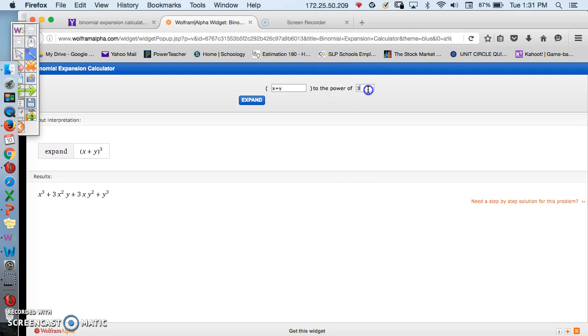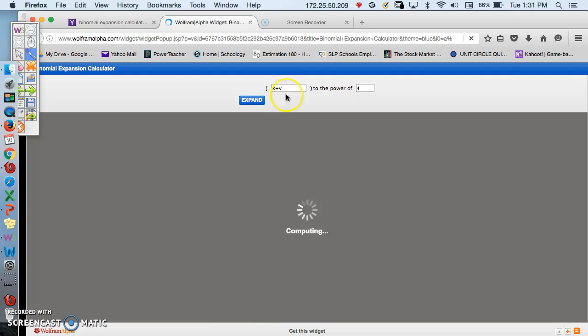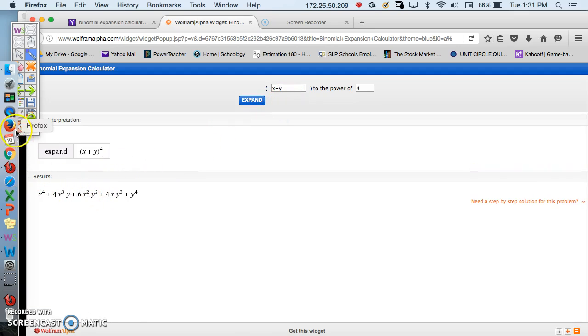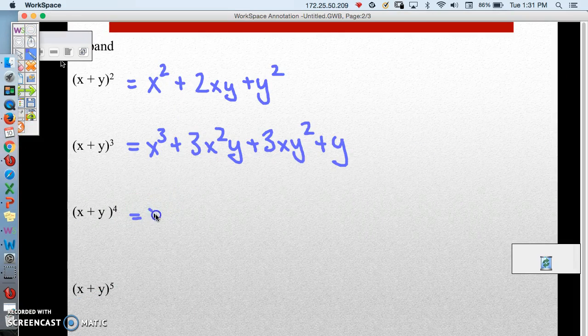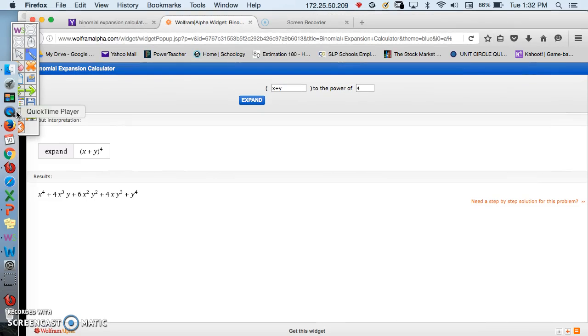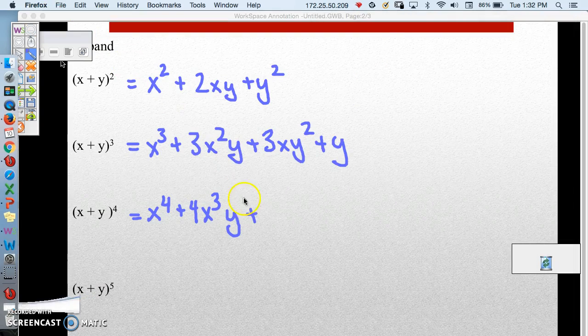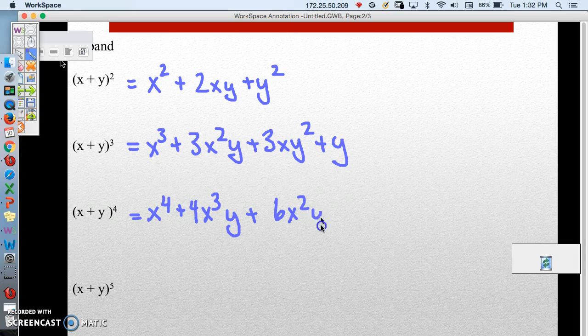And now let's see, to the 4th. We have x to the 4th plus 4x cubed y plus 6x squared y squared plus 4xy cubed plus y to the 4th.